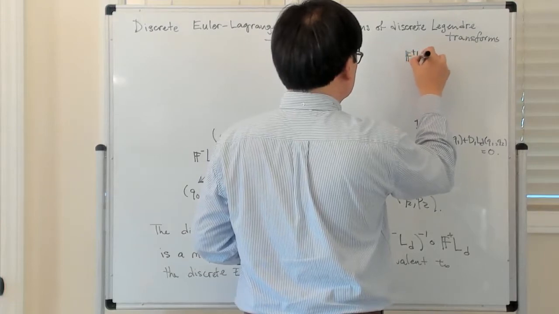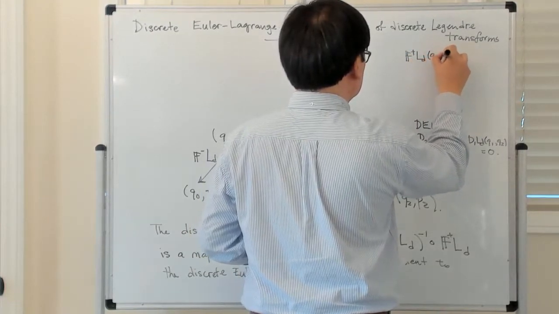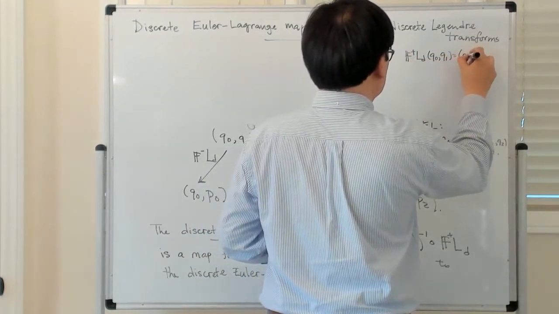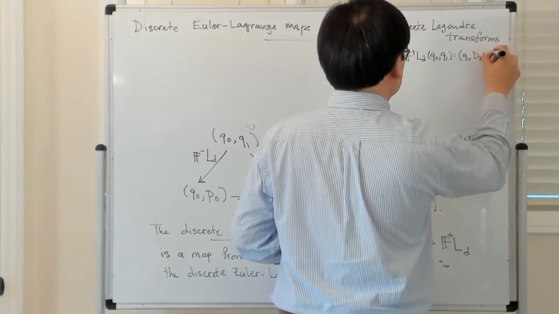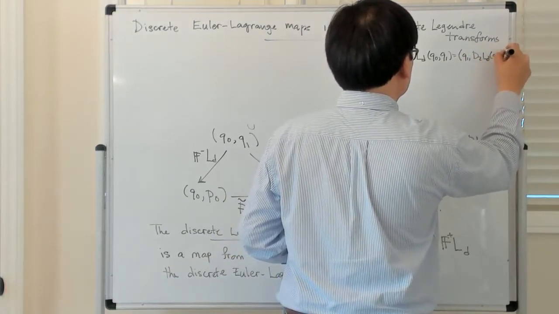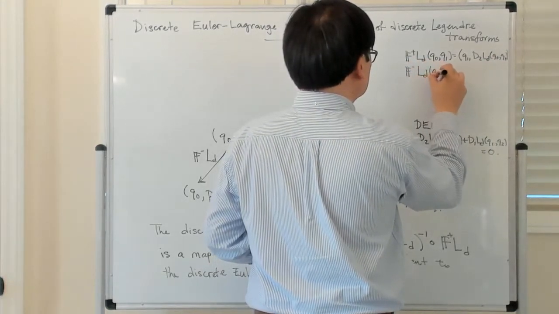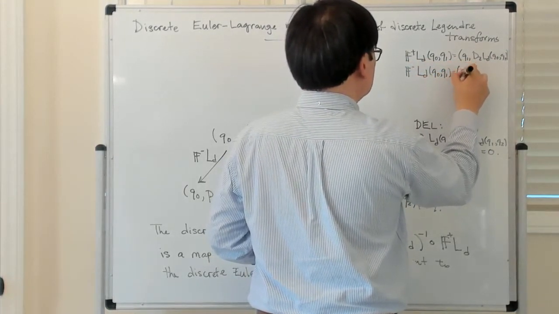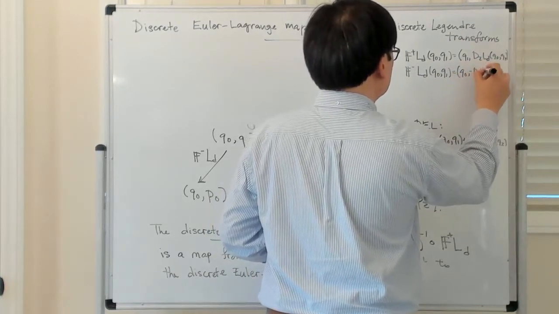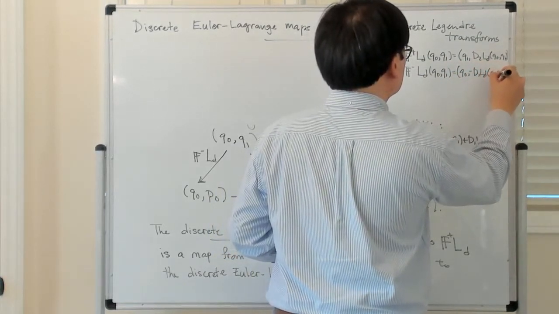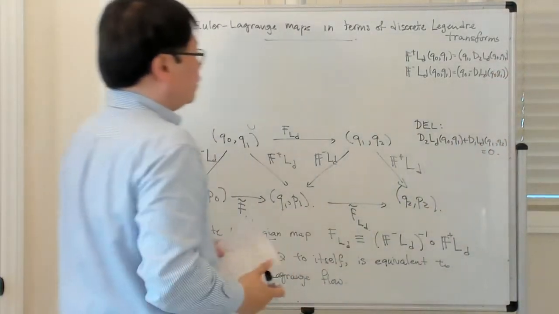F+ L_D(q0, q1) is (q1, D2 L_D(q0, q1)), and F- L_D(q0, q1) is (q0, minus D1 L_D(q0, q1)).